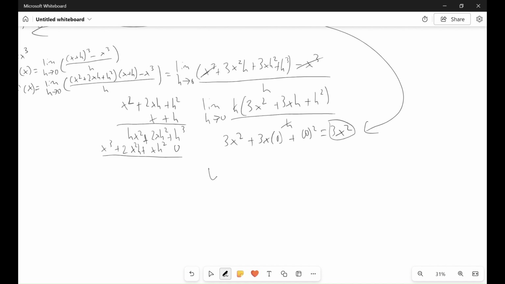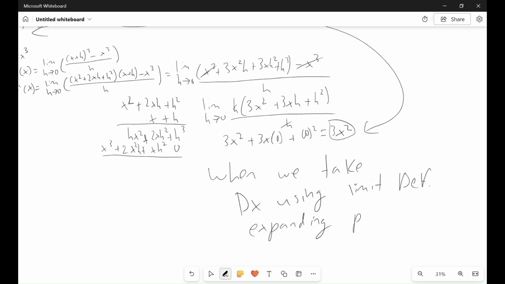When we take the derivative using the limit definition, we are expanding a polynomial. We expand a polynomial.